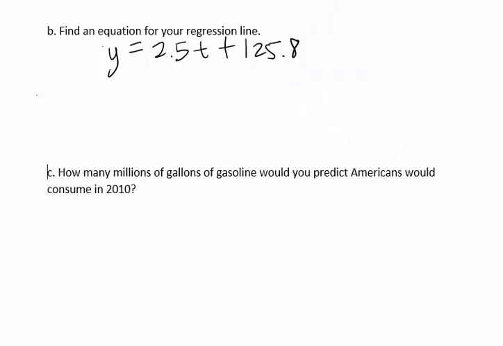Okay, and then if you want to verify that the line that you drew in part A was correct, then what you could do is make a table of values. Just pick 2 points that are pretty easy to graph. And one of them that's very easy to determine is the y-intercept, which is already in this equation. So when t is 0, y is 125.8.